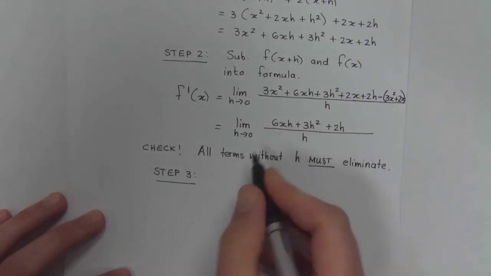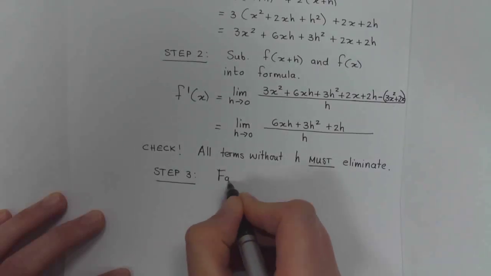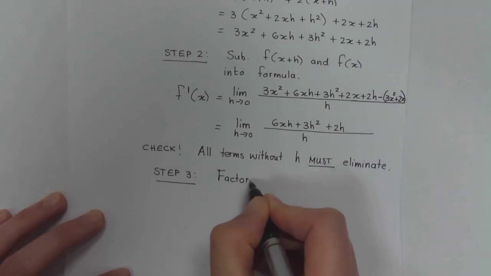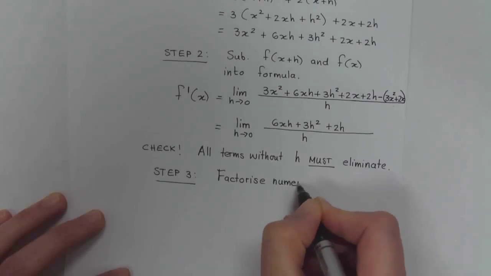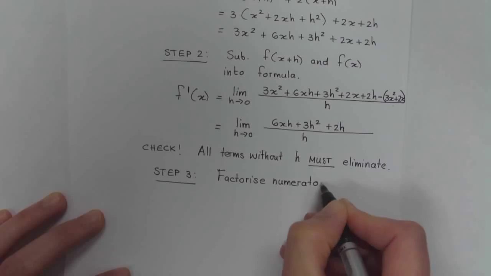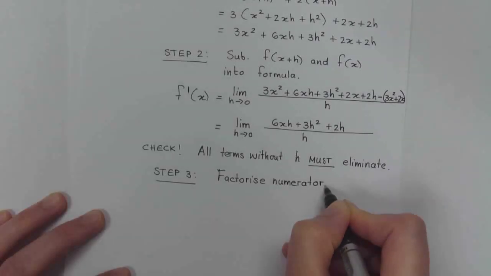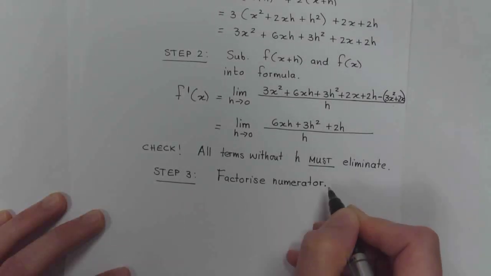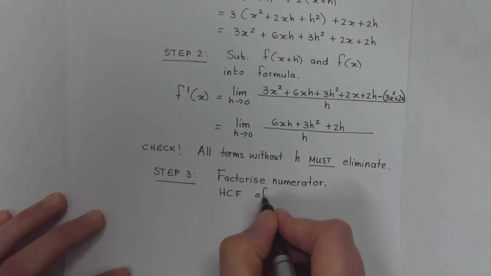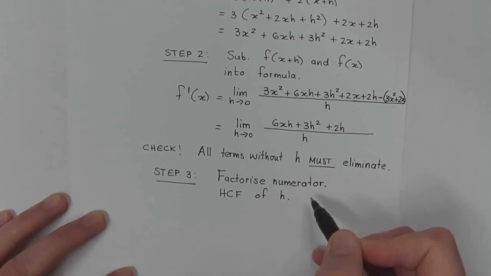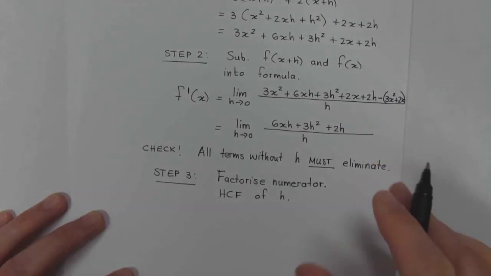step 3 is then going to be factorize the numerator, and you will always factorize the numerator by taking out a highest common factor of h. And if there's not a highest common factor of h, again, you did something wrong.